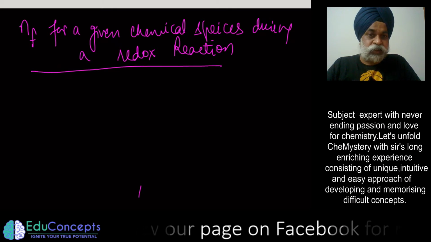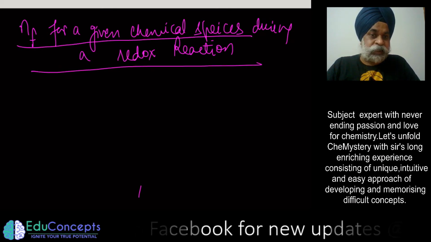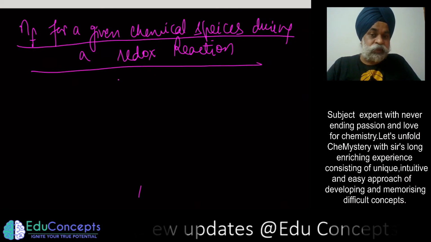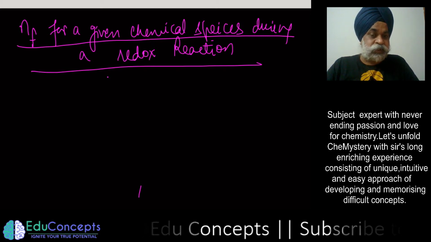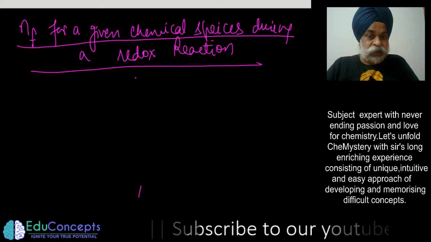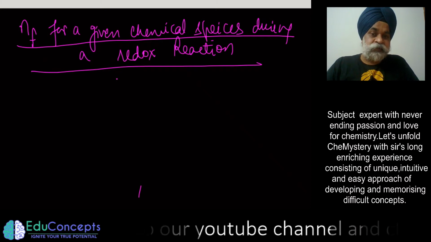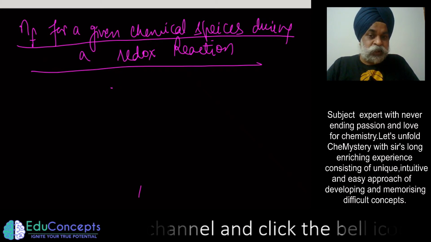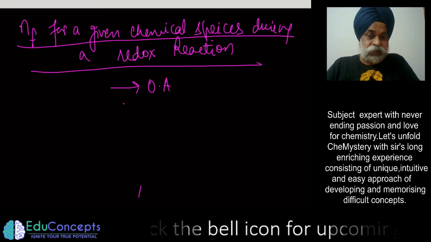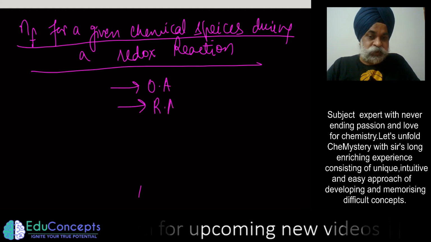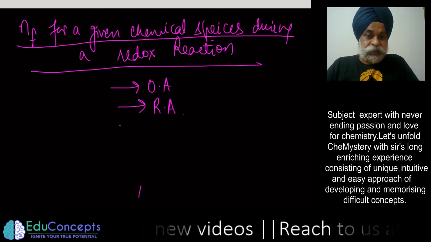So this is the topic of today: first we want to find out the N factor of a given chemical species during a redox reaction. During the redox reaction, the species for which I want to find the N factor would either be acting as an oxidizing agent or as a reducing agent. As simple as that.